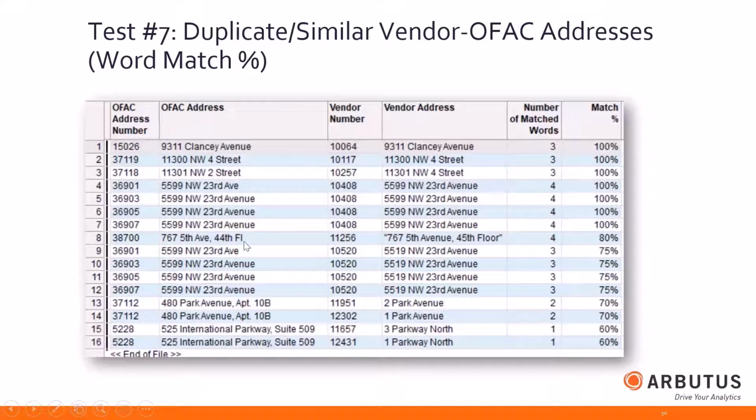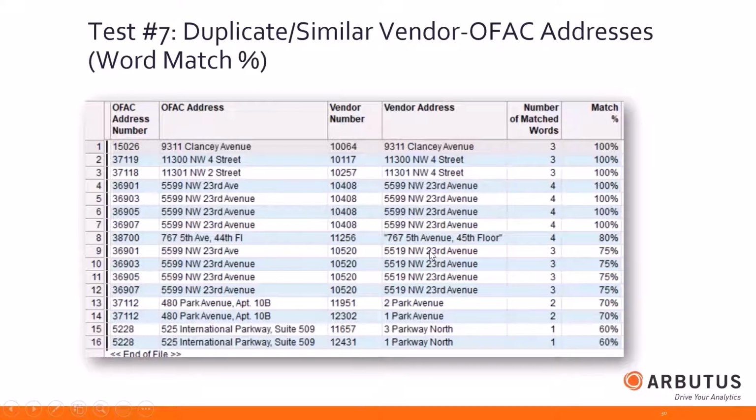The 8th match, they're identical when they're sort normalized, with one exception. There's one word, 45th in the vendor address, 44th in the OFAC address, that does not match. So 4 out of the 5 words in each address match. That's an 80% match. Down here we have 5599 and 5519.